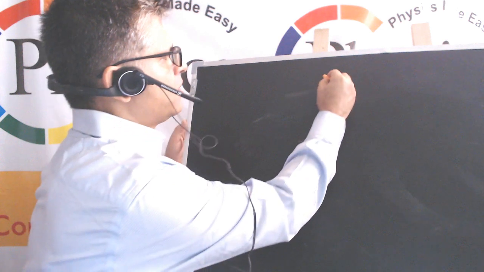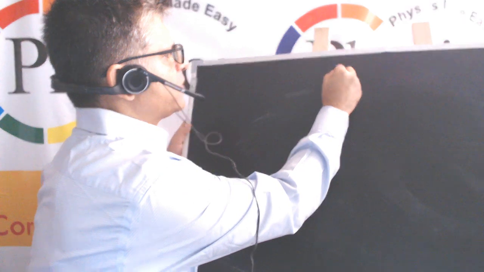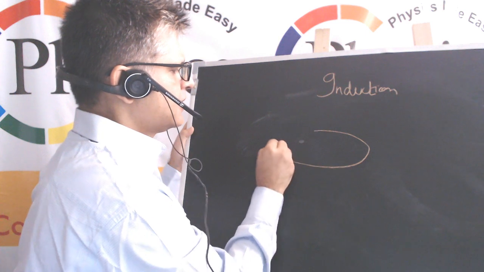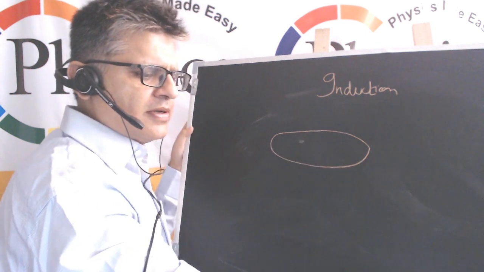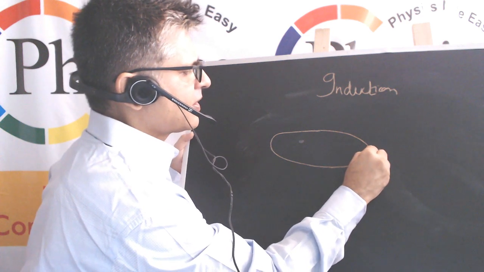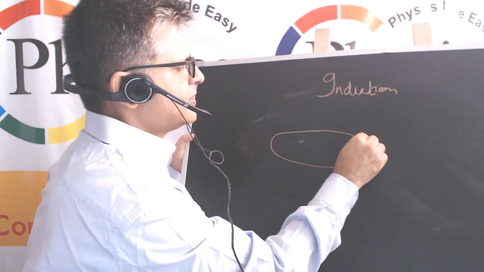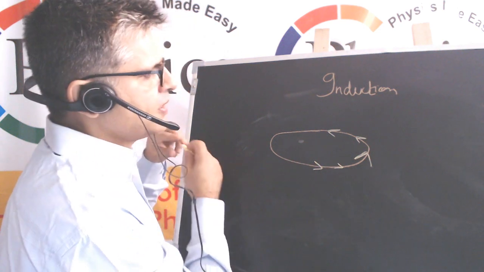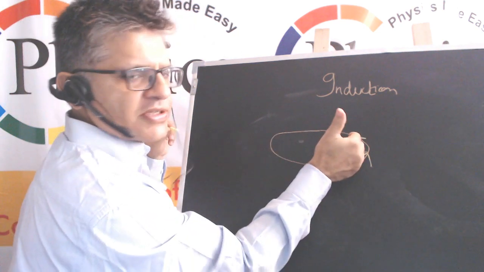Okay, so a current carrying loop, and there is a rush of current in this circuit. When the current enters this circuit suddenly, for a very brief period of time, you can see the direction of current is this.